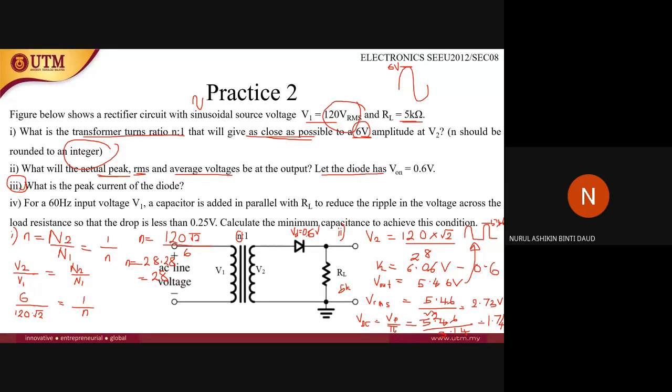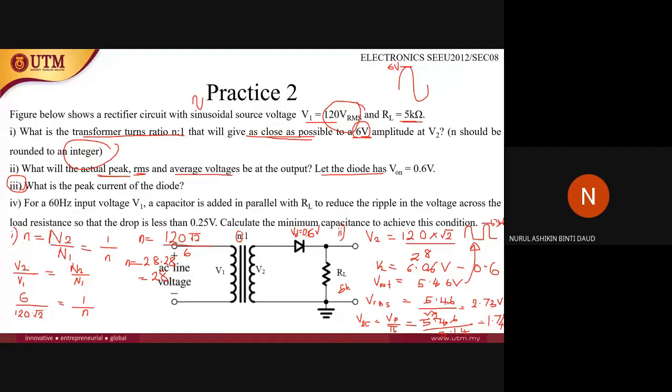The RMS for this is half wave rectifier. The average. Full wave rectifier.